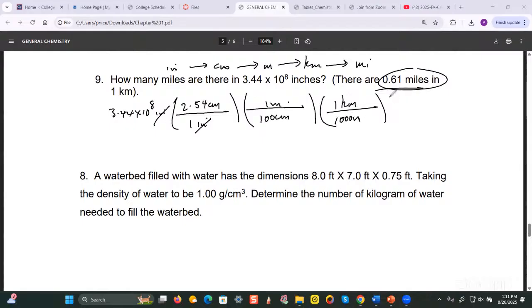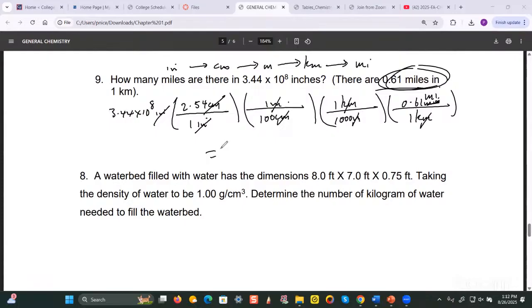And then finally, we're going to use this value right here, because that tells you that it's 0.61 miles in 1 kilometer. And that's it. So centimeters will cancel out, meters will cancel out, kilometers will cancel out. So your final answer would be in miles, right? So let's do the number crunching.